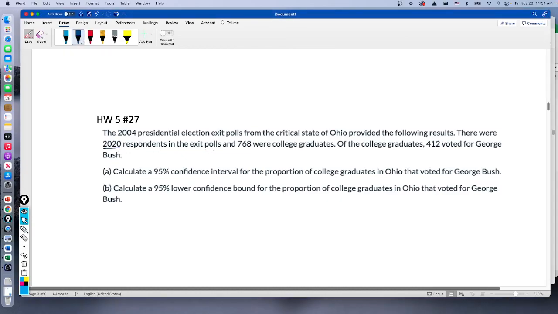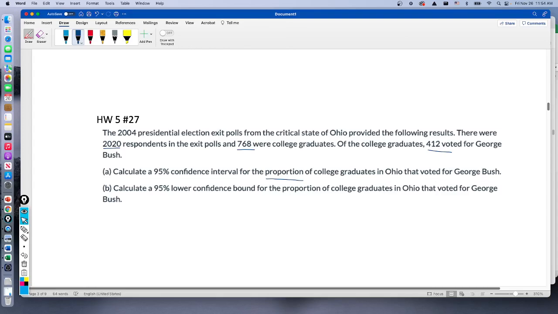What's the sample size? And 768 were college graduates. Of the college graduates, 412 voted for George Bush. Calculate a 95% confidence interval for the proportion of college graduates in Ohio that voted for George Bush.